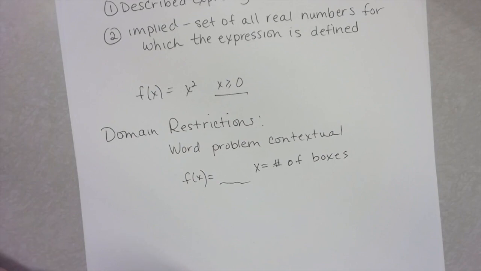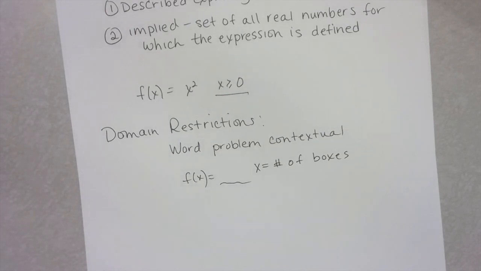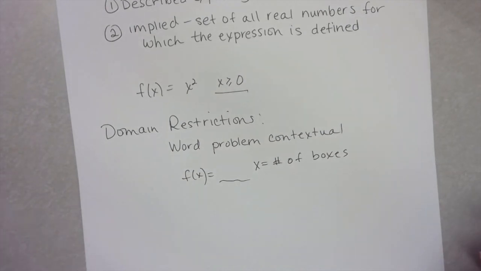When you think about a manufacturing company producing boxes, it only makes sense that it would be a positive number of boxes, right? I've never heard of anybody saying, well, I'm going to go make -3 boxes. So this is a contextual issue based upon the context of the problem.